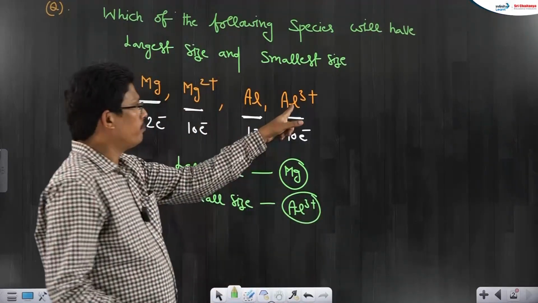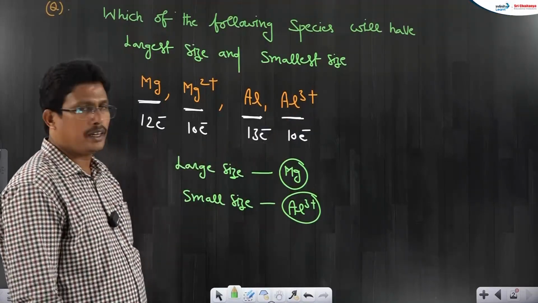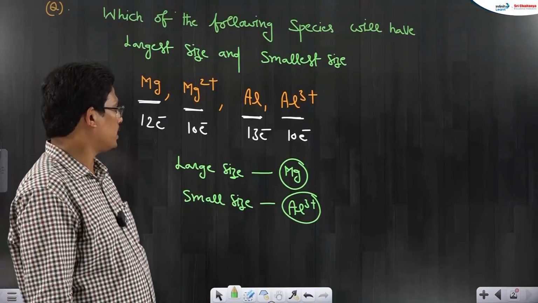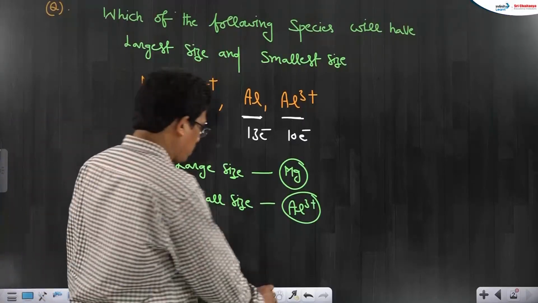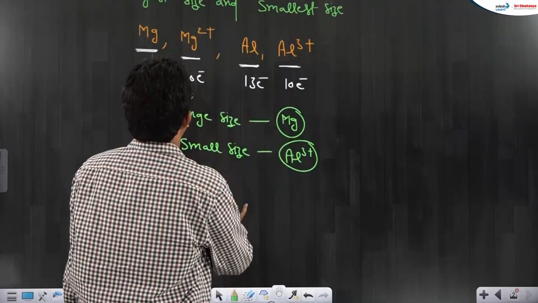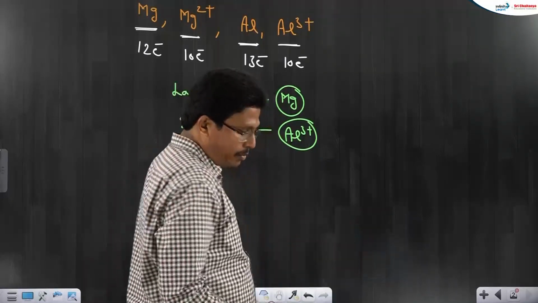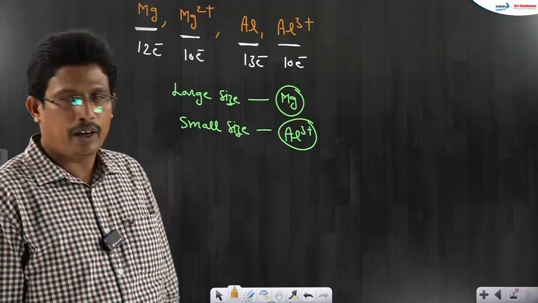The magnitude of positive charge is more, that's why radii is less. Large size is Mg, small size is Al3+. It is an NCERT textbook example, important. This is about atomic radii, types of atomic radii and ionic radii.